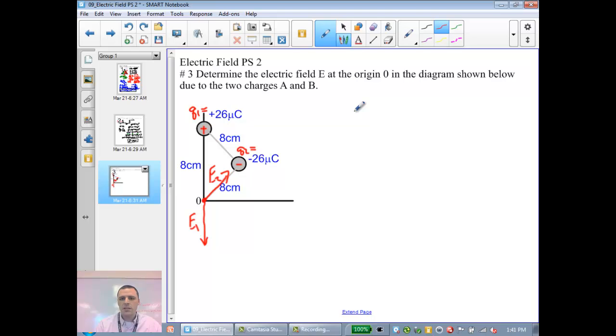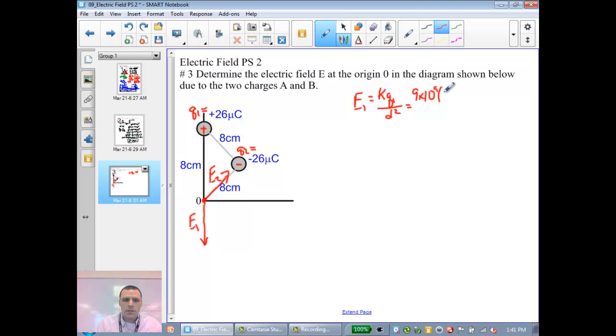My next task is to actually figure out what those values are. Eventually we'll put them together, but first let me find out what those values are. So I use the electric field equation for a point source. E1 equals k times Q1 over d squared. k is 9 times 10 to the 9th.